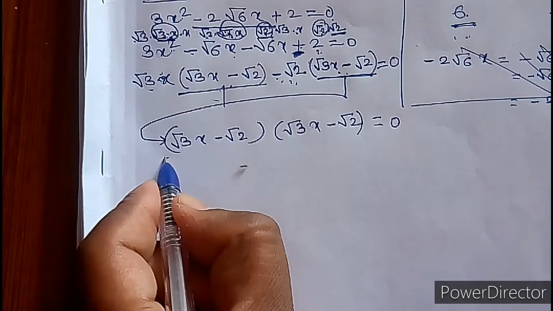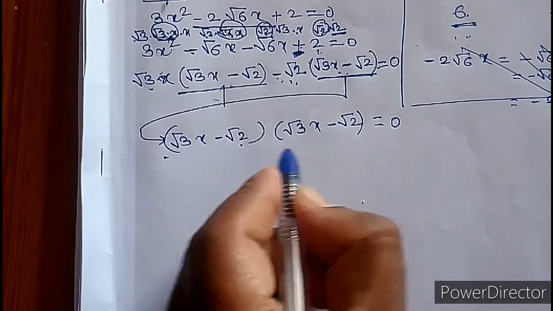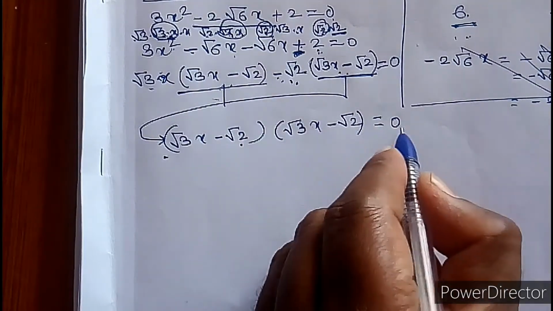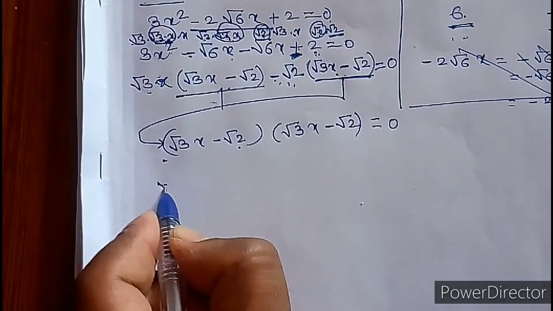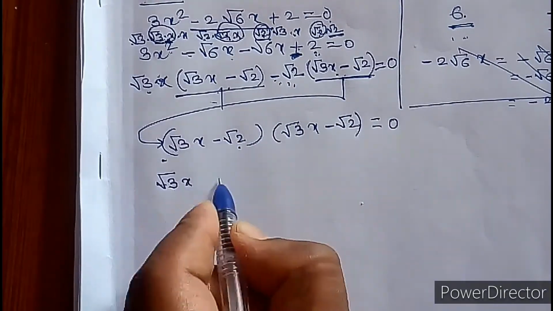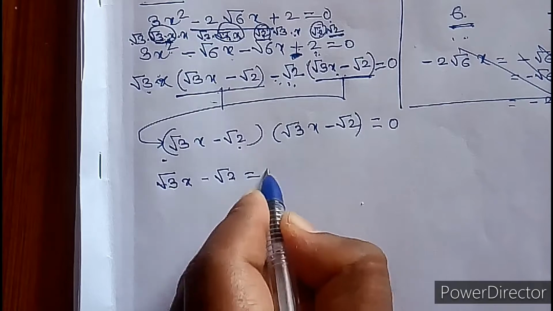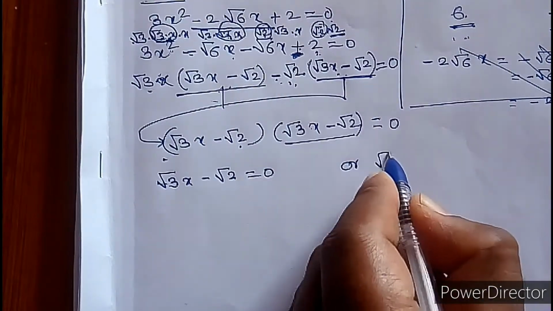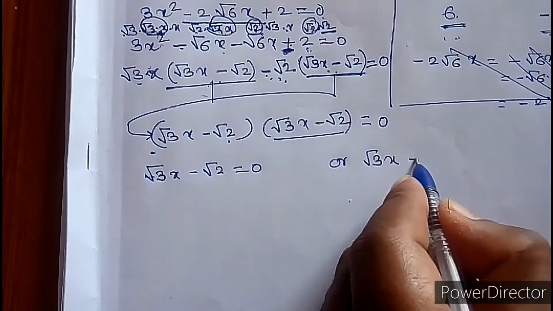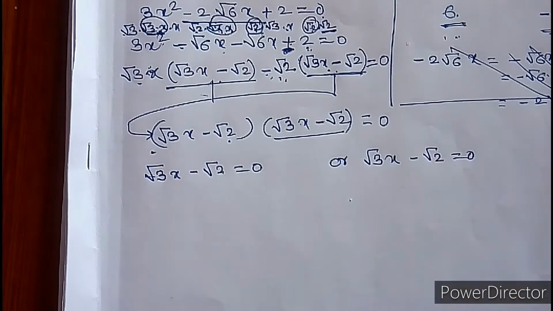Now root 3 x minus root 2 and root 3 x minus root 2 equals 0, therefore either root 3 x minus root 2 equals 0, or root 3 x minus root 2 equals 0.